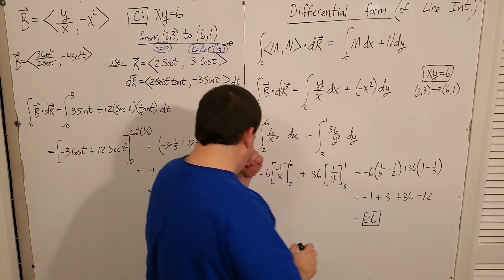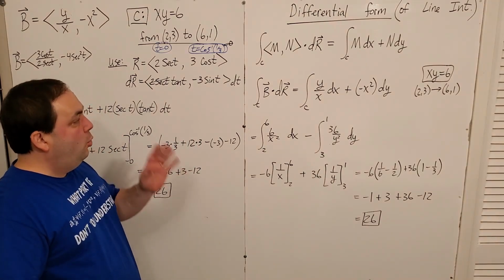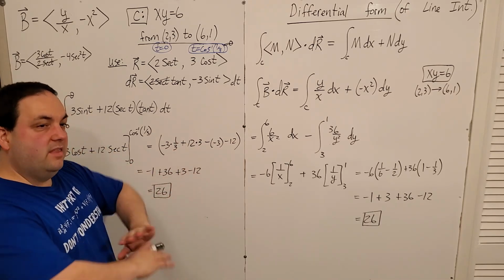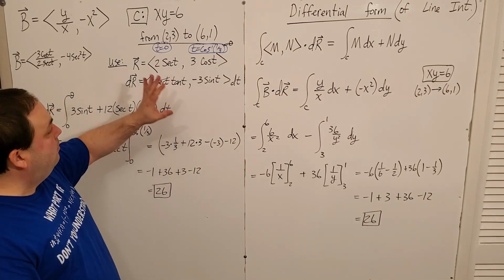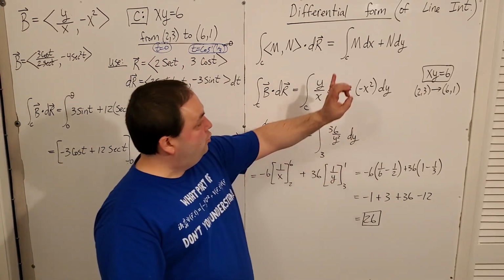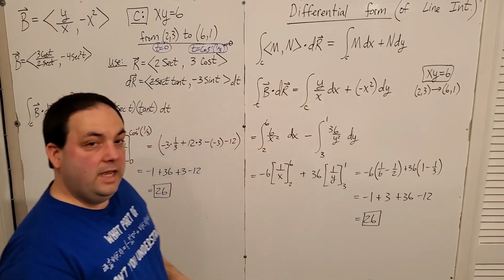And again, this one's not even a trick of parameterization or anything else like that. We physically did the same integral, just a different way. It's the same path, the same orientation. I just didn't bother parameterizing the curve. I simply used the curve as a relationship to turn the x's and y's in with each other.